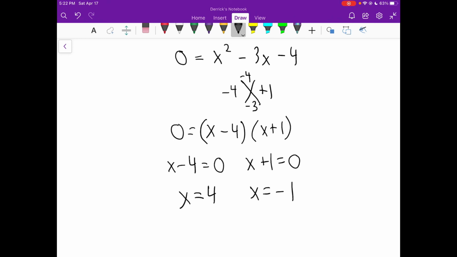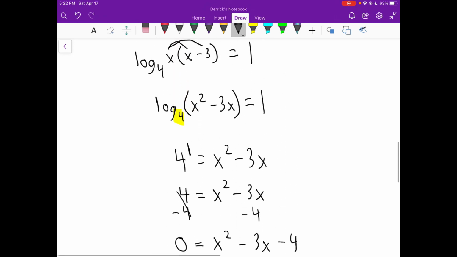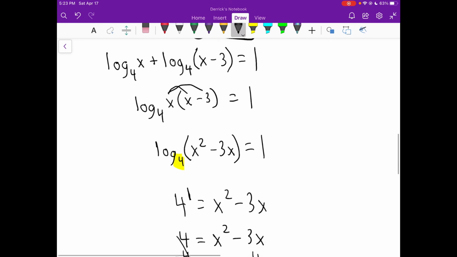For all of us now, no matter what method you use, once you get those two answers, remember we still need to plug back into the original equation and figure out which ones work and which ones don't. Remember, what we're looking for here is to make sure we are not taking the log of a negative number. Well, if we plug in 4 here, that's the log of positive 4, that checks out.